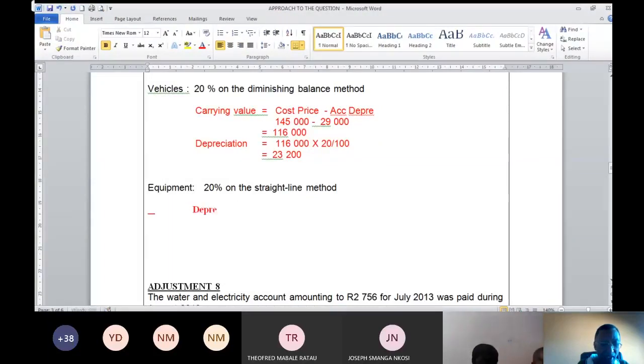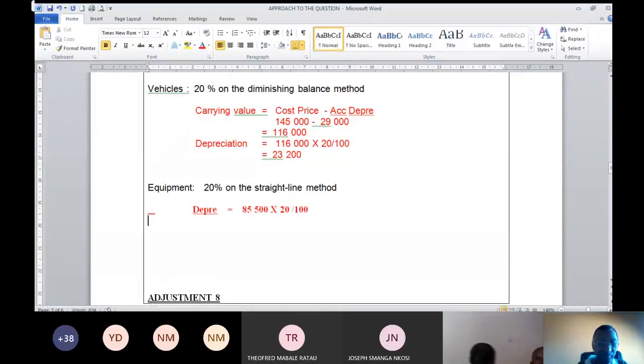To calculate your depreciation, we say that depreciation is equal to the 85,000, which is the cost price, times 20%. And that will give you depreciation of 17,000 Rand. So your depreciation amount there, guys, is the amount of 17,000 Rand.